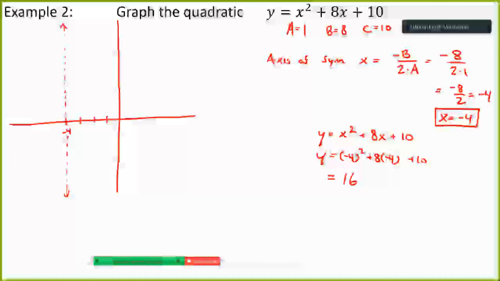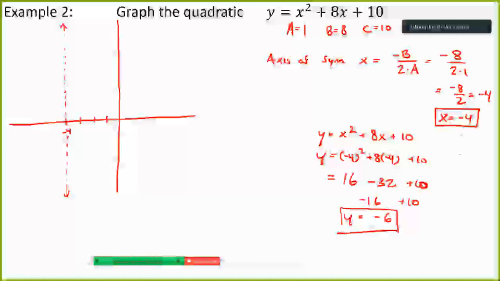The middle term will be negative. 8 times -4. So that's -32. Okay, now just go down the line and add or subtract these together. So 16 minus 32 is actually -16. And then -16 plus 10 will give us -6. So we got y is -6.